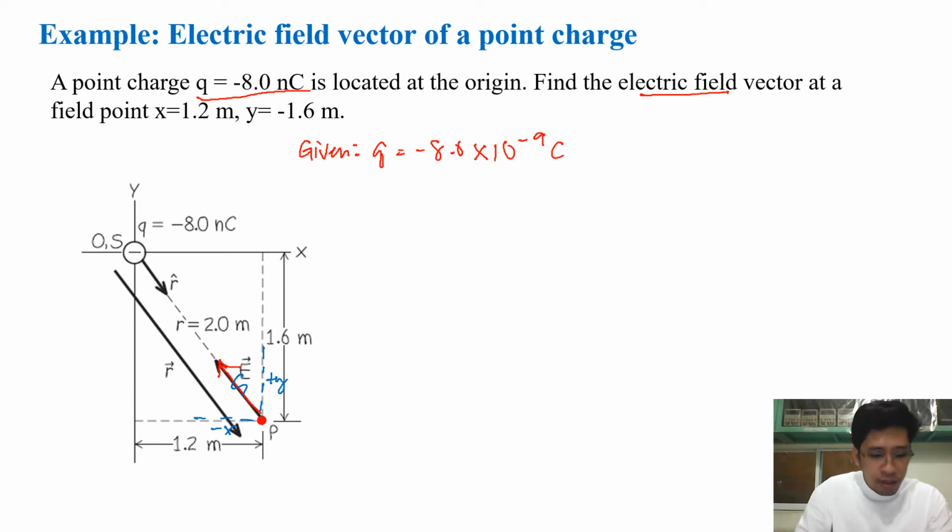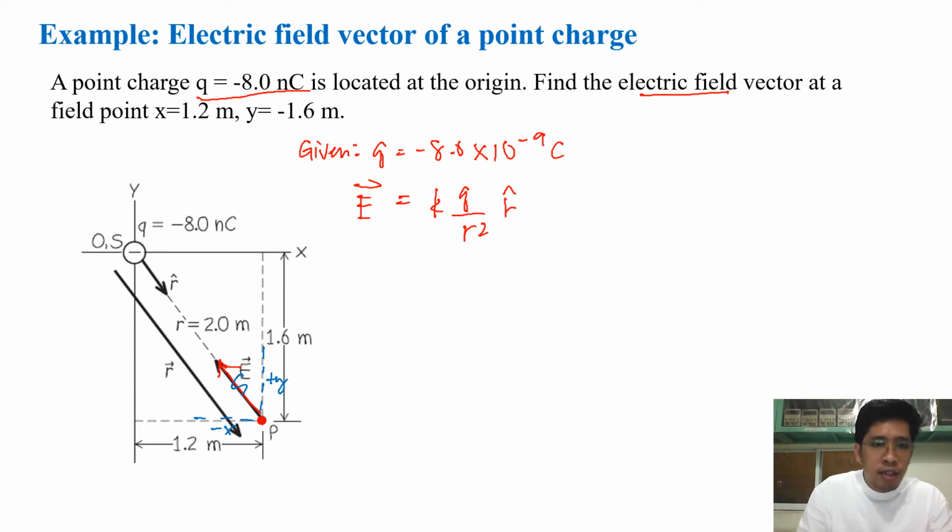The formula for the electric field is E equals K, which is 1 over 4 pi epsilon naught, times Q over R squared, times the vector R hat.